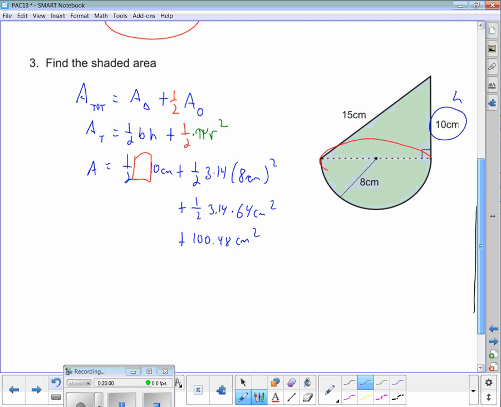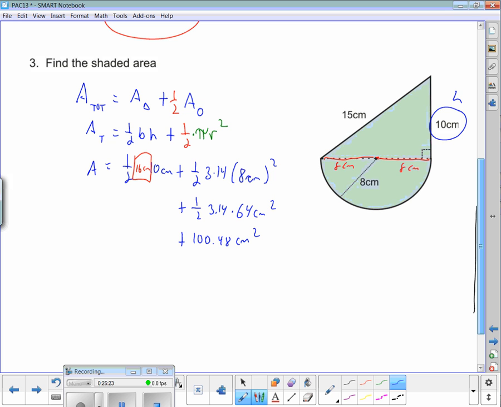Okay, would you agree this is the diameter? Isn't the diameter twice the radius? Which, by the way, if you want to think of it this way, what was the value from here to here? 8 centimeters. What's the value from here to here? 8 centimeters. What's the diameter? 16 centimeters.